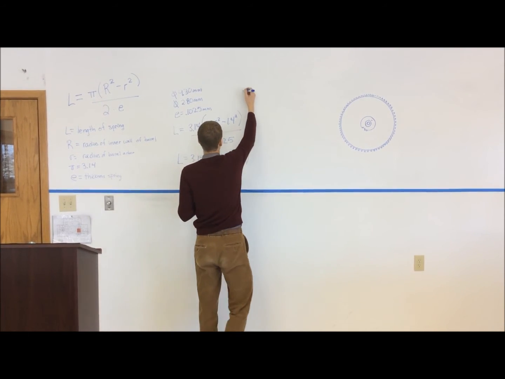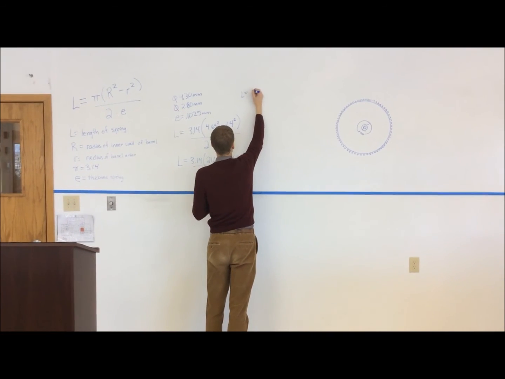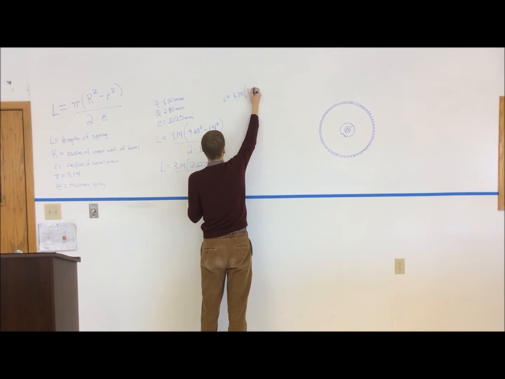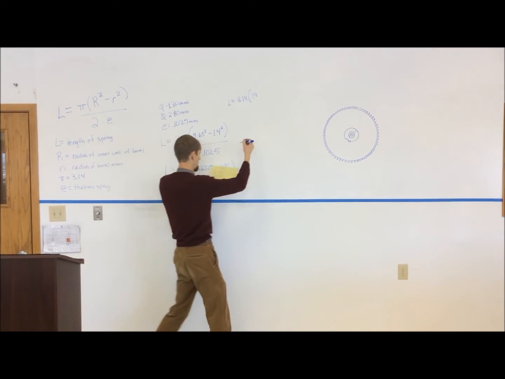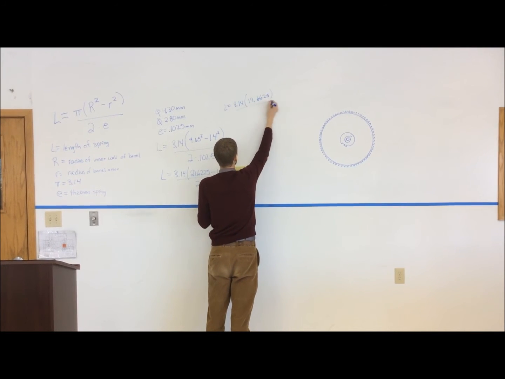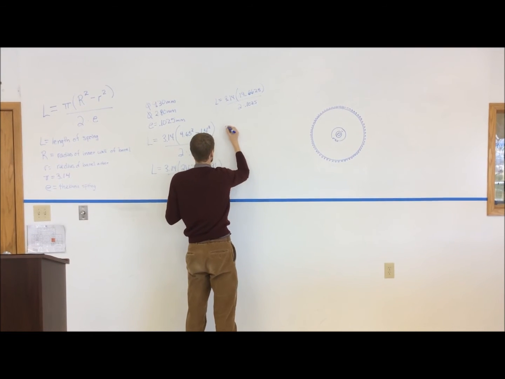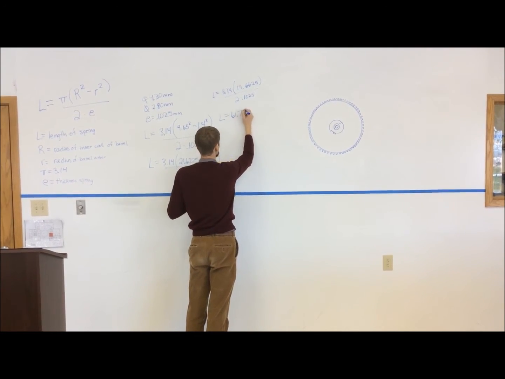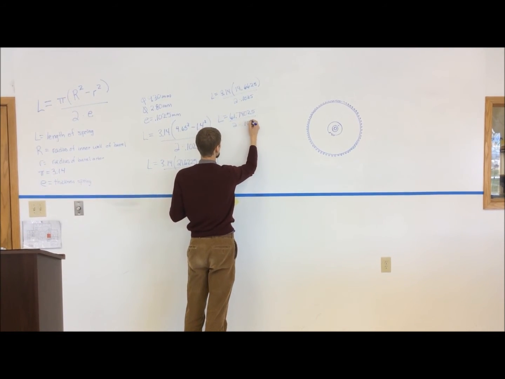We'll do that subtraction there. 3.14 times, when we subtract, we're going to get 19.6625. Now we'll do the multiplication across the top, and we're going to get 61.74025 over 2 times 0.1025.